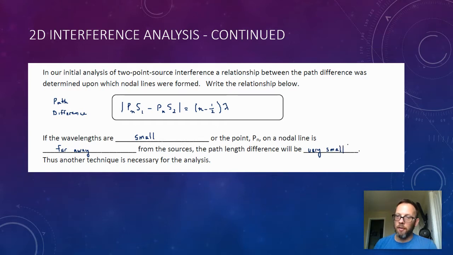For light shining through two slits very close together, we're talking fractions of a millimeter, and the wavelength of light is small compared to that. The points on the nodal lines that we'd be able to measure are far away, and the path difference is very small and very hard to measure. So we're going to use another technique to analyze path difference.